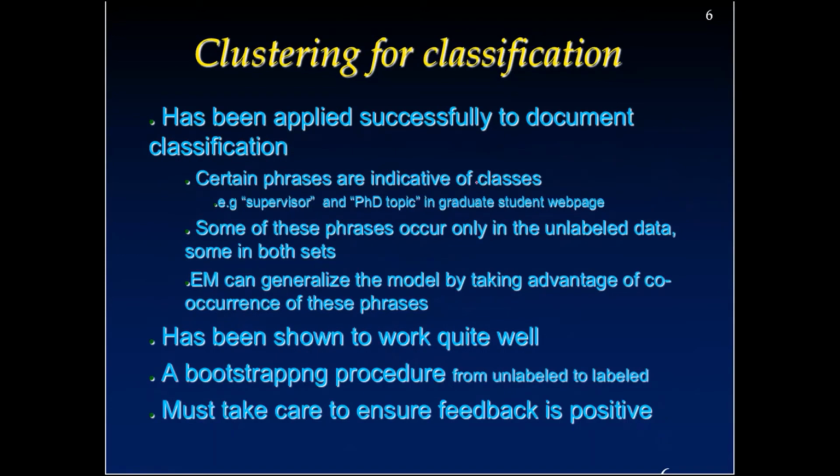This has been successfully applied to document classification. Document classification is a typical problem which can be solved separately using supervised and unsupervised learning, but combining both gives better accuracy. The attributes could be keywords, like someone's supervisor or PhD topic, which indicate that it's a faculty page, a professor's web page.